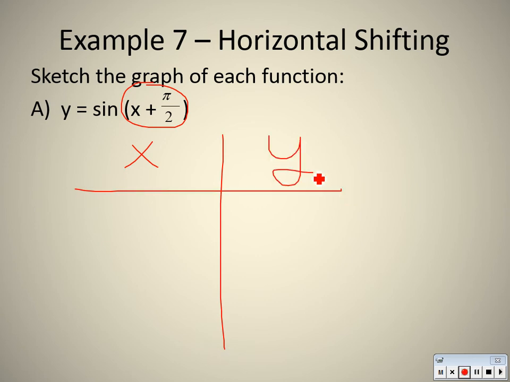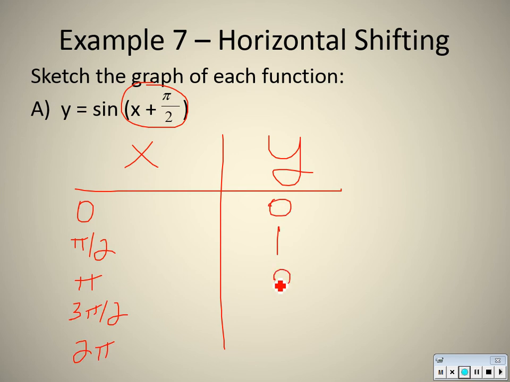So when I go to do my critical values here, I'm going to put my original ones in here. So I have 0, pi over 2, pi, 3 pi over 2, and 2 pi. My y values for sine would be 0, 1, 0, negative 1, and 0. Because I have this x plus pi over 2, that's going to shift the graph to the left.